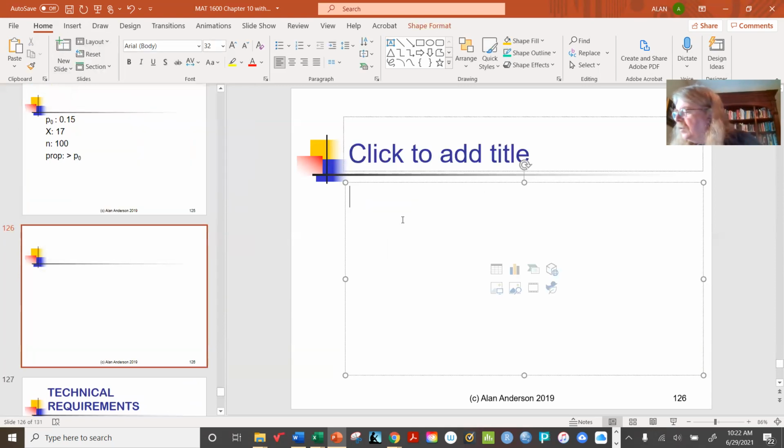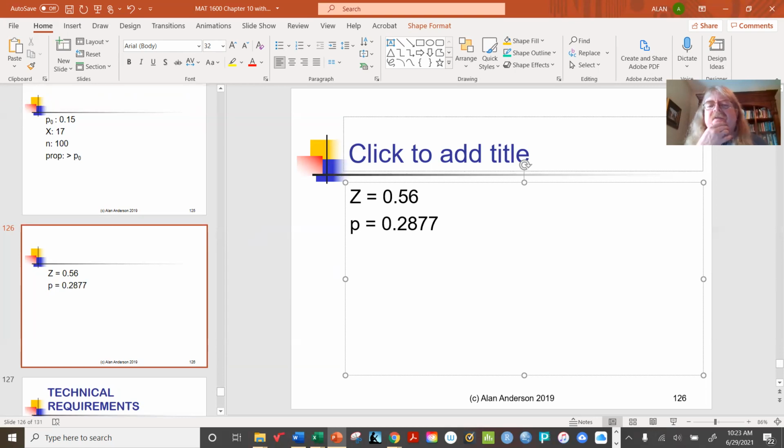So it starts out with, it tells you what the hypothesis is. Z is 0.56, which we already knew, and P. Now here you have to be careful with all the P's floating around. This P is the P value, and that's 0.2877 as we've already figured out.